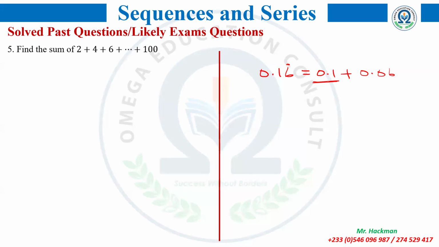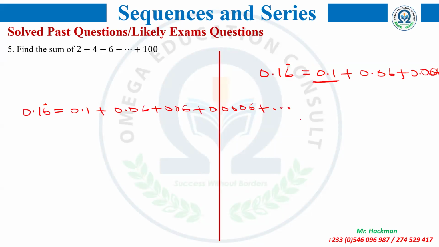Because if I have this, do you agree that this will be the same as 0.1666? Let me start from here. So 0.16 recurring will be equal to 0.1 plus 0.06 plus 0.006 plus 0.0006 plus ellipsis.